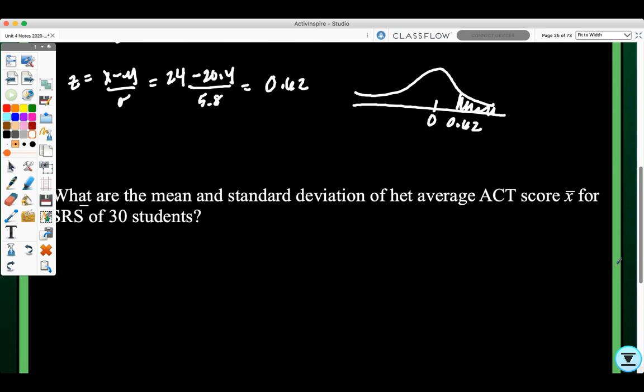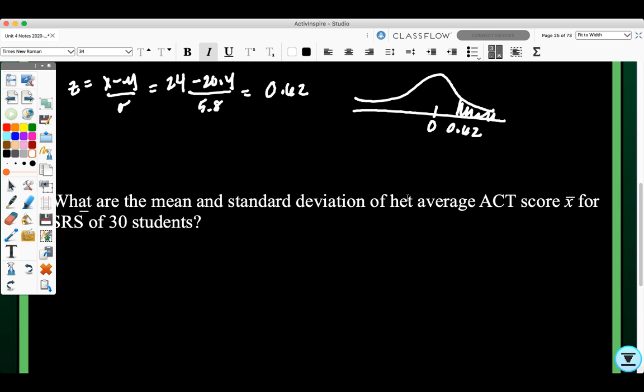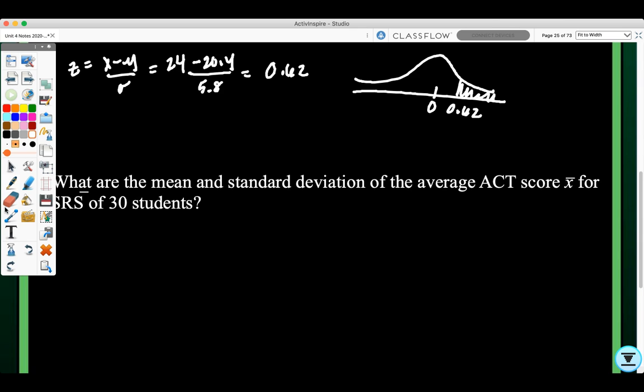And then B, what are the mean and standard deviation of the average ACT score, for X bar, for a simple random sample of 30 students? So first we need to check our conditions. One, it's a simple random sample of 30 students taking the ACT.